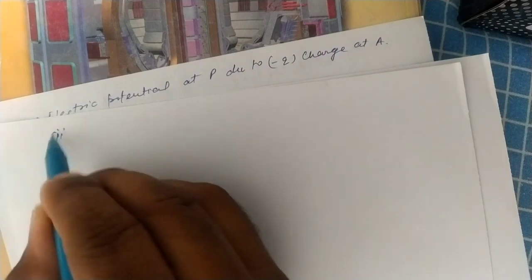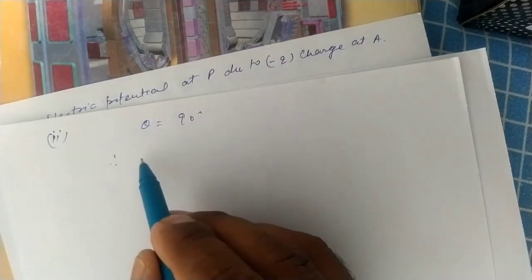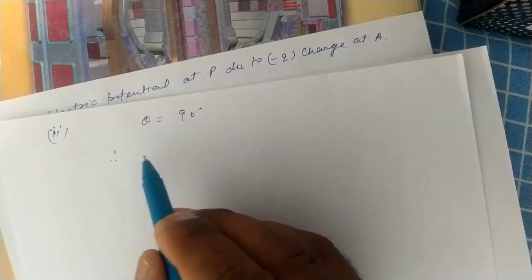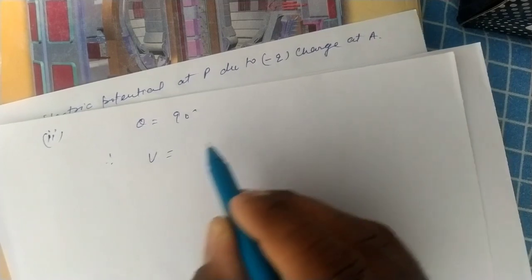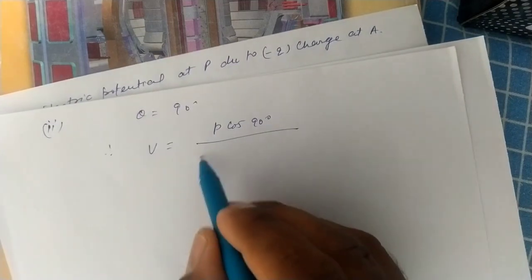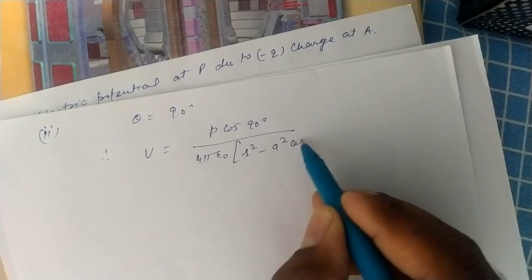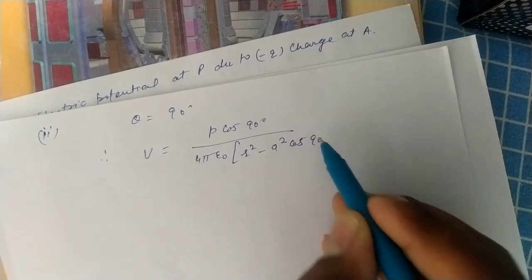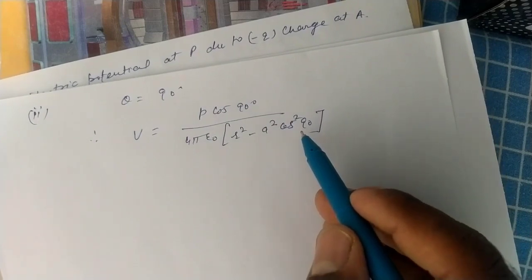Now the second special case, when the value of theta is 90 degrees, the electric potential is V is equal to P cos 90 degree divided by 4 pi epsilon naught into R square minus A square cos square 90, and cos 90 is equal to 0.